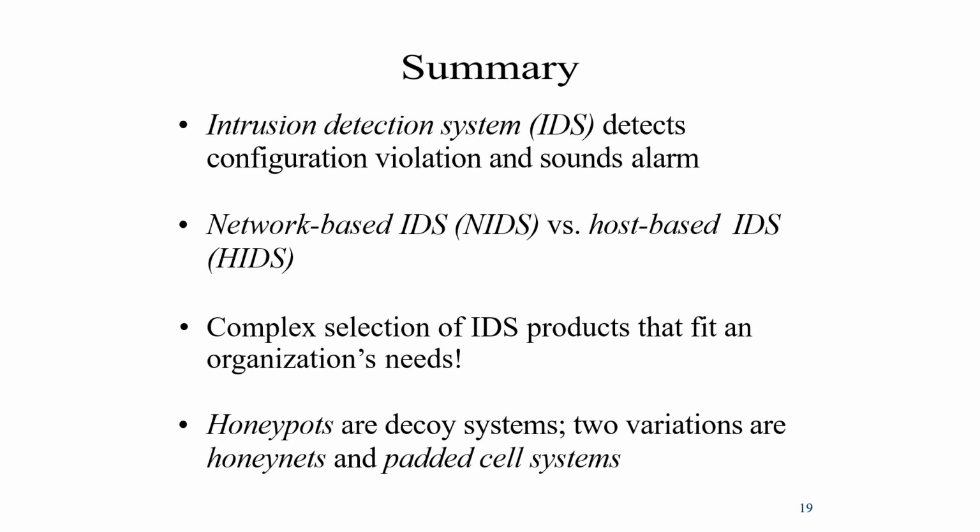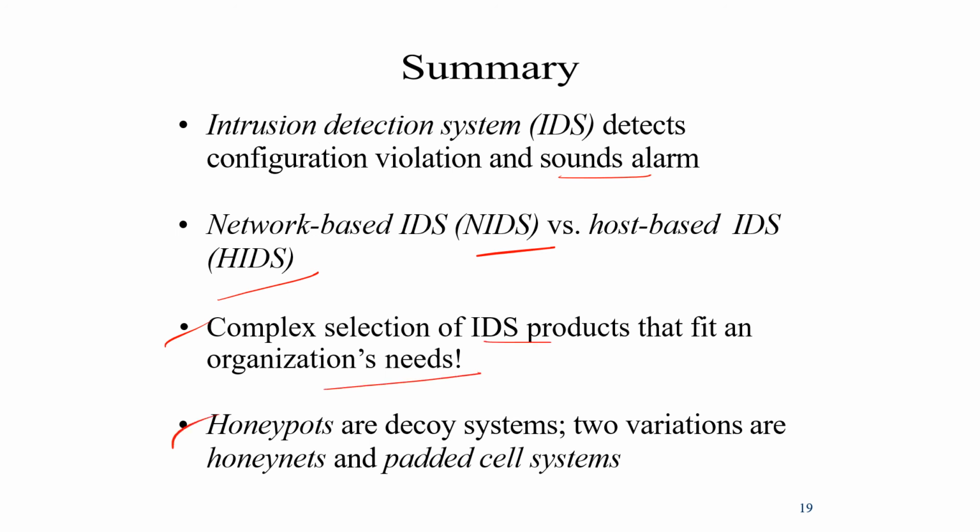In summary, we have seen intrusion detection systems in part 1, which detect configuration violations and sound the alarm. We have seen NIDS and HIDS, that is network-based IDS and host-based IDS. We have also seen the complex selection of IDS products to fit your organization's needs.